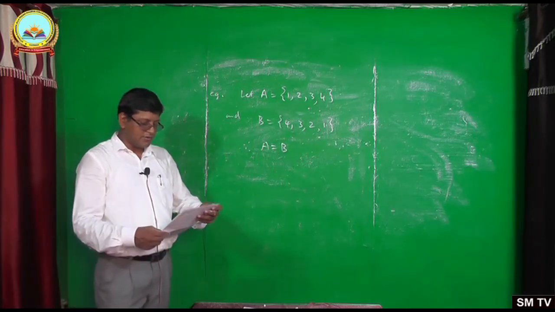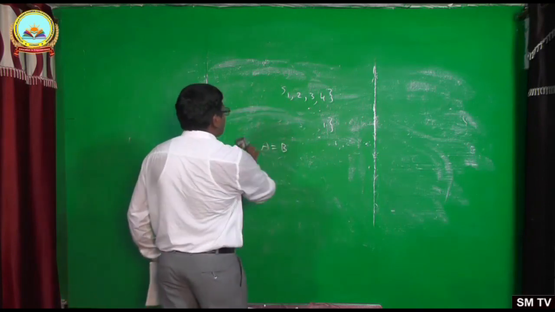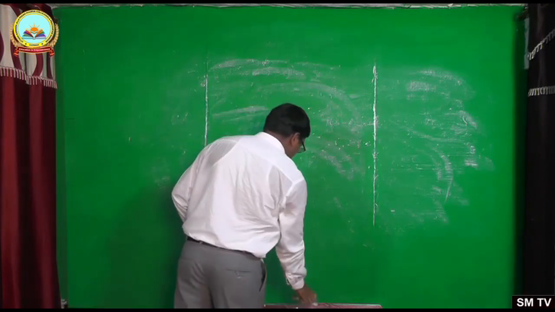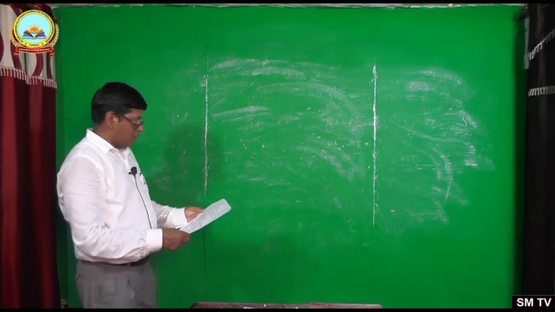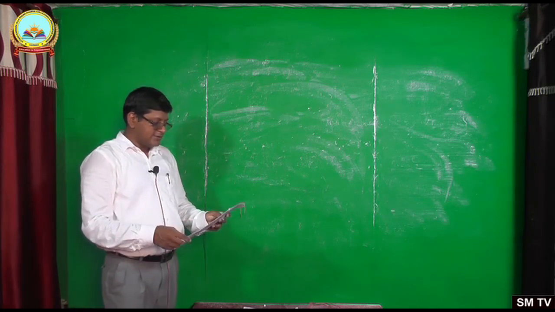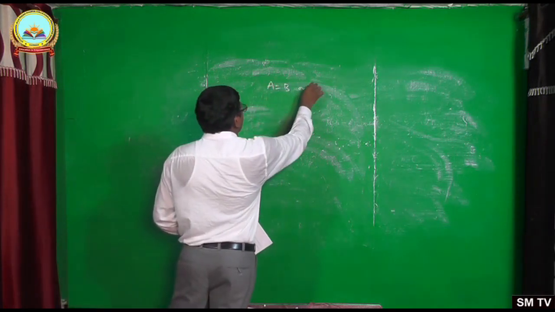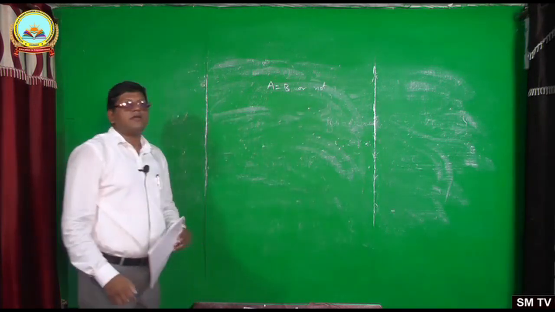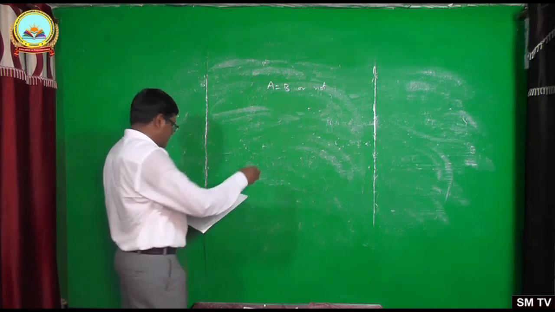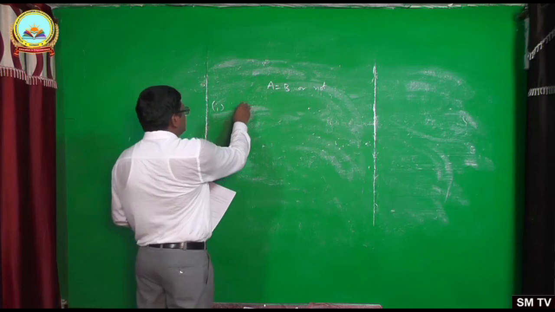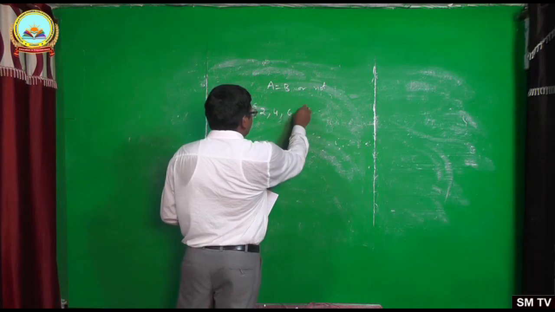Now we shall discuss some problems. Next problem. In the following sets, state whether A is equal to B or not. In the first one, A is the set consisting of 2, 4, 6, 8, 10.